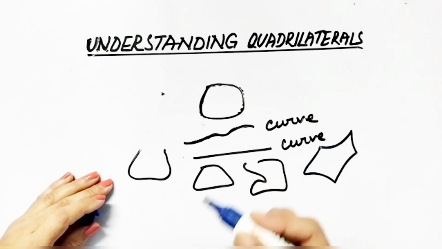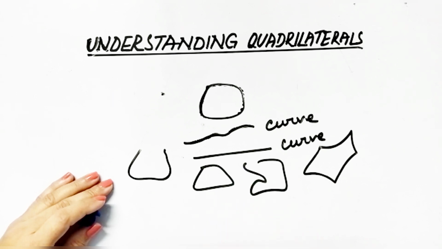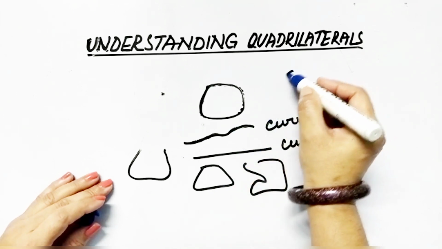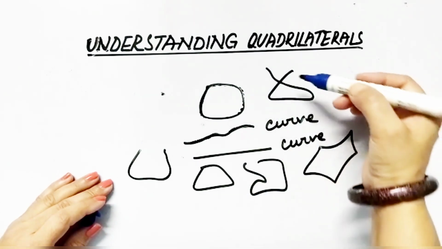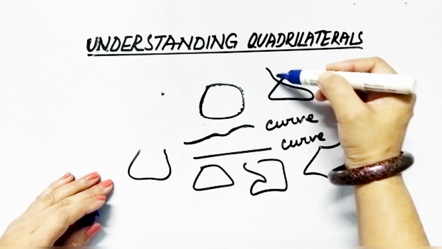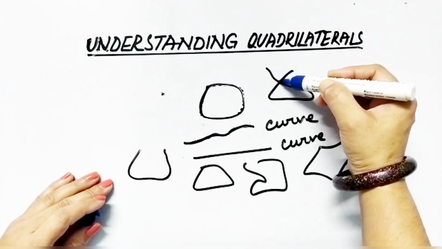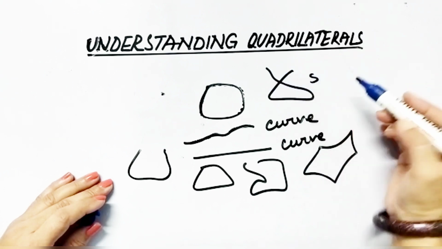Now, what do we mean by a simple curve and a curve that is not simple? Let us take one example. This is also a curve, but the curve is intersecting itself at a certain point, so this is not simple.